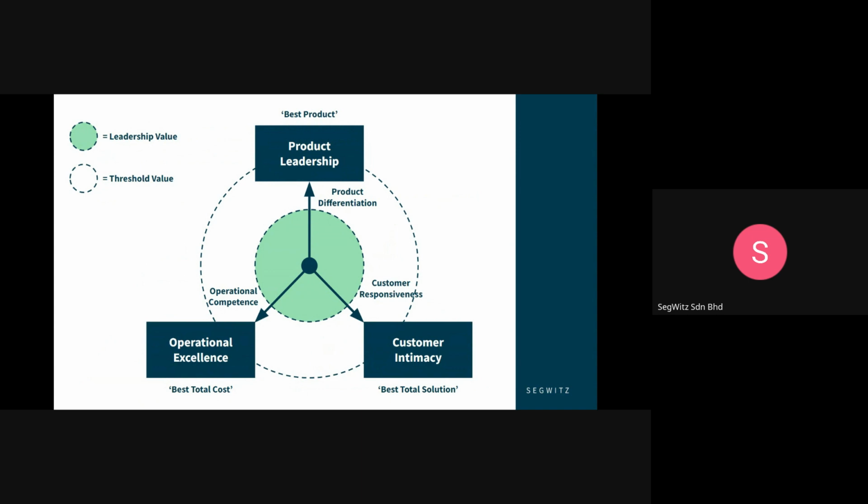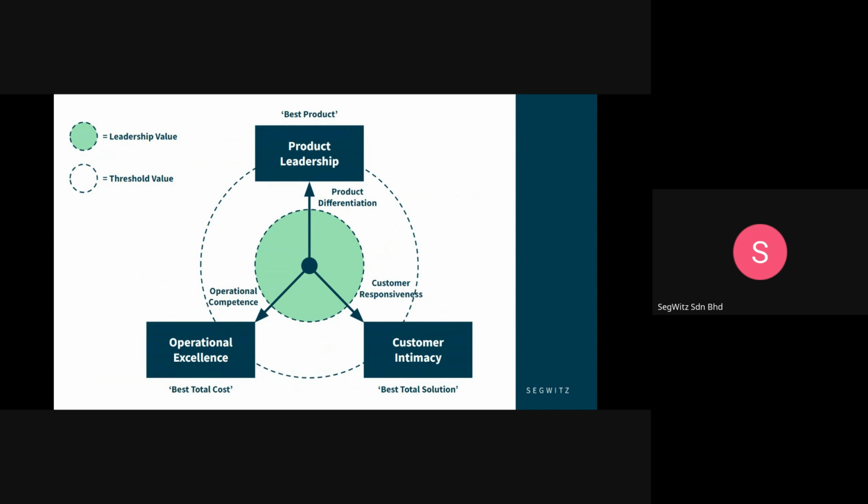Let's go into the wheel, where there are 3 points inside: product differentiation, operational competence, and customer responsiveness. Let's start with operational competence. This is how we build the product. As a development partner for our clients and partners, there are only a few things we can do for them that can actually lead them to do well in their market.